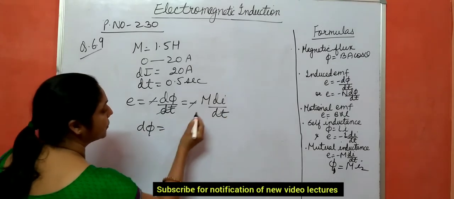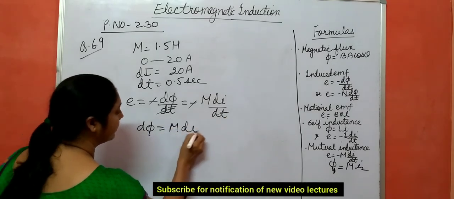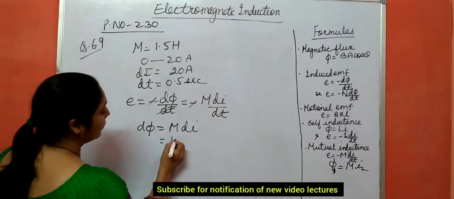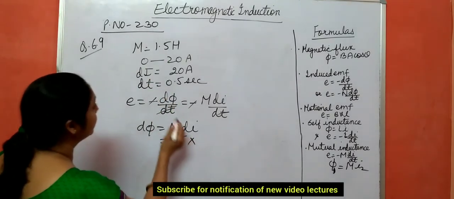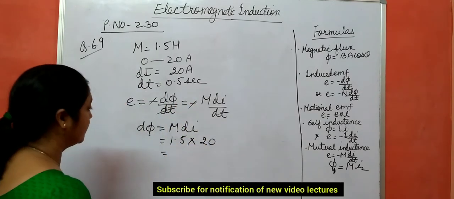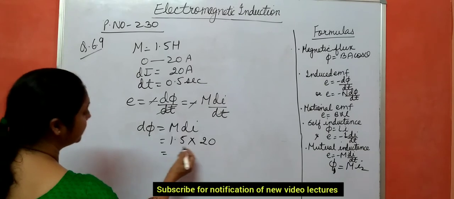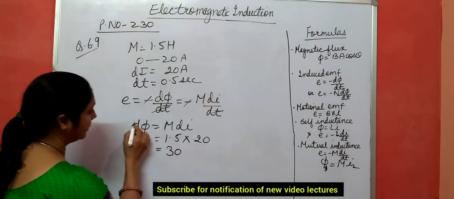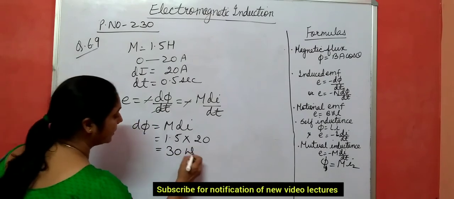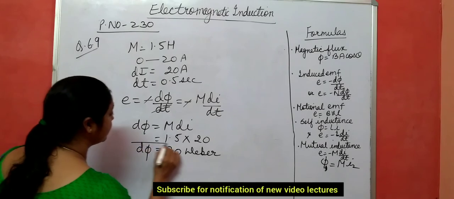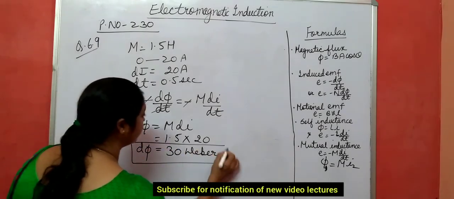This dt dt also cancel, M di, right? And the value of M is given, 1.5 Henry, into change in current, 20 ampere. After multiplying these two, we get 30. The unit for magnetic flux is what? Weber, right? This is the value for change in magnetic flux.